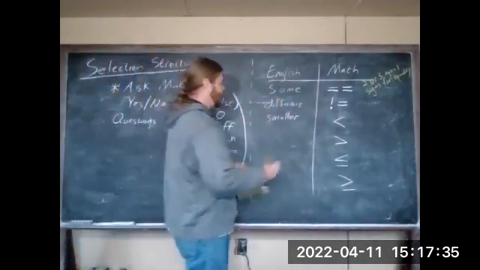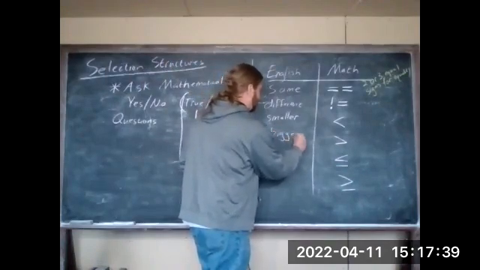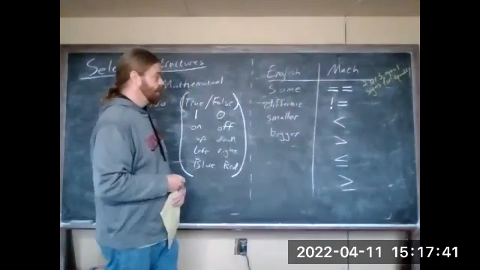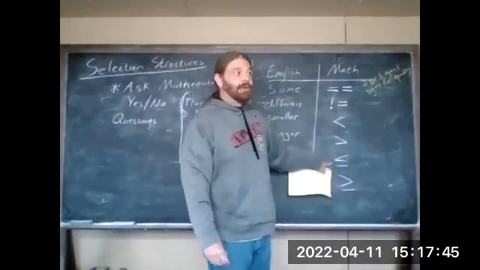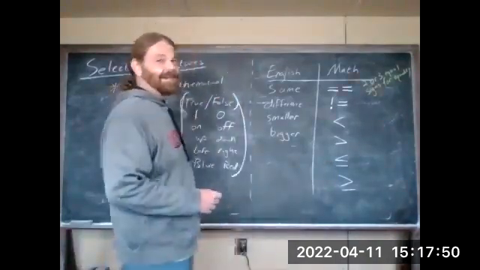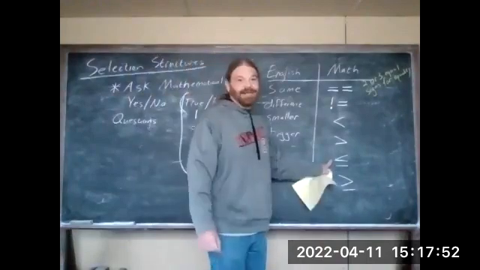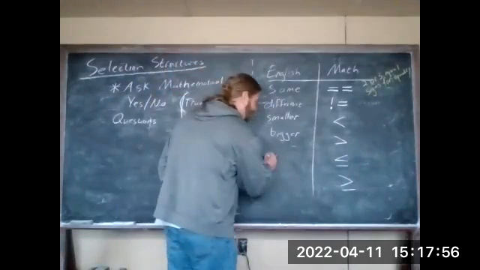But in English, we'd say smaller or bigger. Or this one especially, the less than or equal to. We would never say that in a normal sentence, right? That's a set of words that only shows up in math class. So in normal English, that's going to be at least.